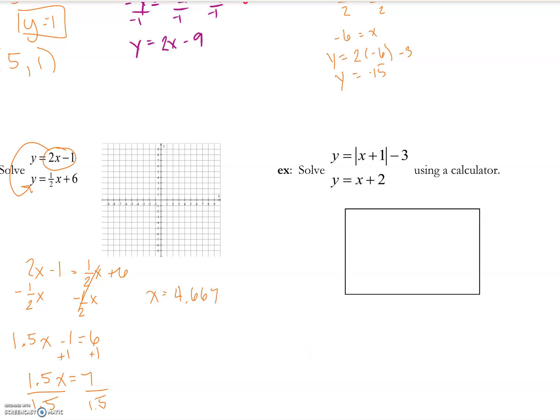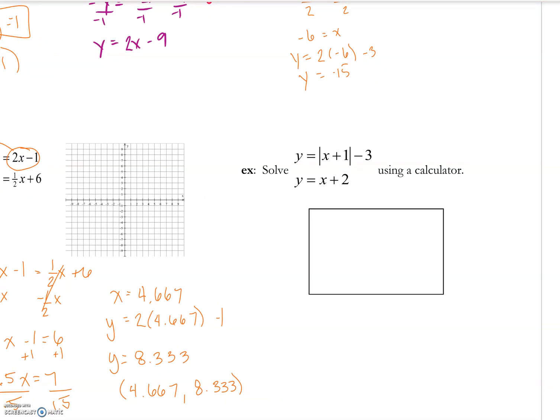Then when I take that and plug it back in for y, if I do order of operations there, 2 times 4.667 is 9.333, minus 1 is 8.333. So this is an example of where it's probably better to just solve it algebraically, because if you were to solve it graphically, you would have to estimate where those decimal points were on your graph.